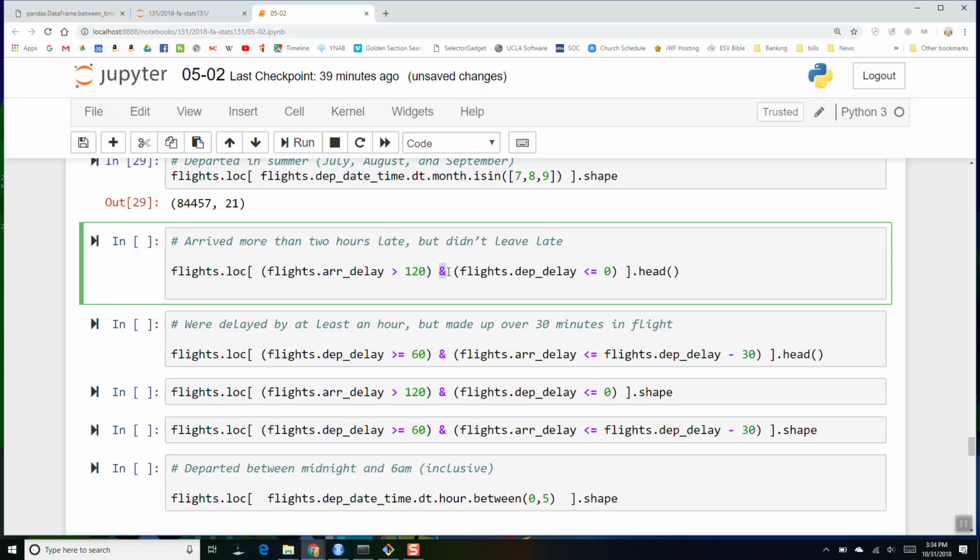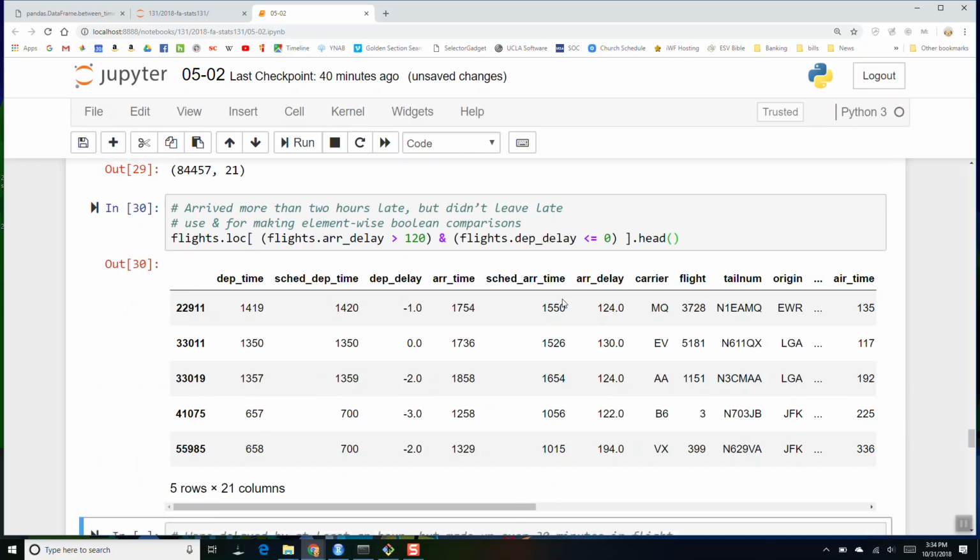But when you have a series or a NumPy array of Boolean values and you want to do element-wise comparison, Boolean logic checks, you use the and sign. Okay, use and for making element-wise Boolean comparisons.